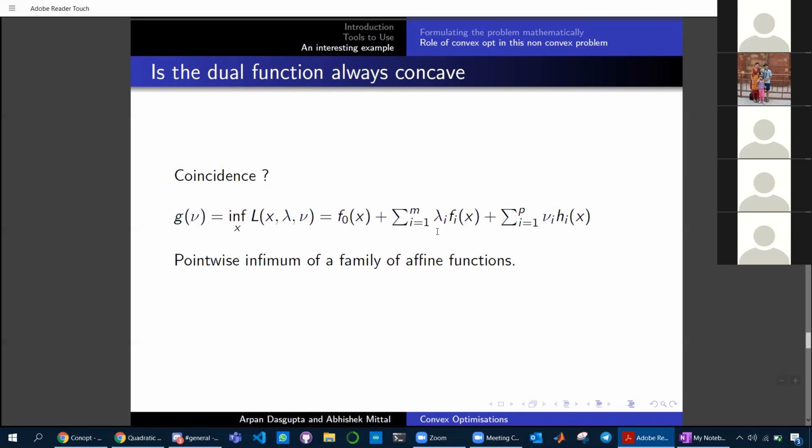There is no non-linear term present in that. So I'm basically taking a pointwise infimum of a family of affine functions, and hence this is a concave function, because let me just show you once.